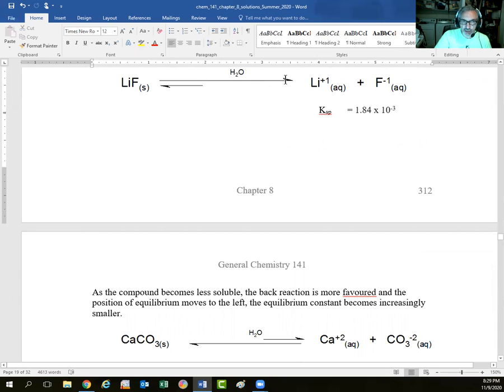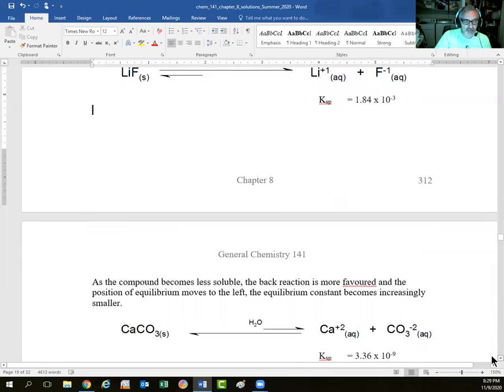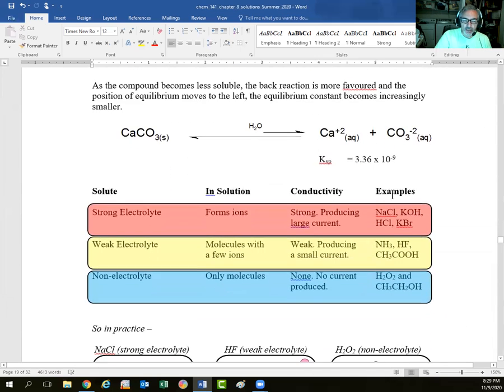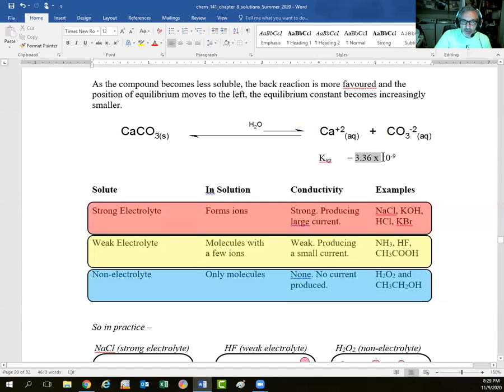We can tell it's a strong value for the equilibrium constant when we compare it to something like calcium carbonate, which is a weak electrolyte, when the equilibrium constant, that solubility product, goes way down to 3.36 times 10 to the -9. That's a very small value and a very weak electrolyte.